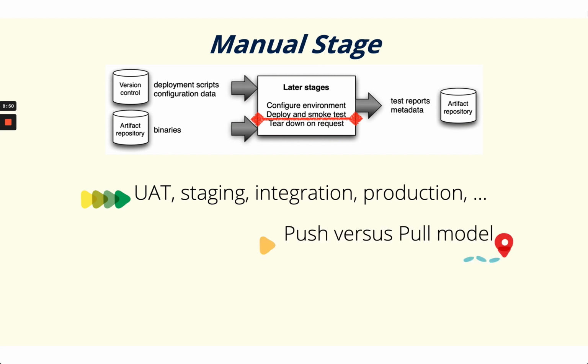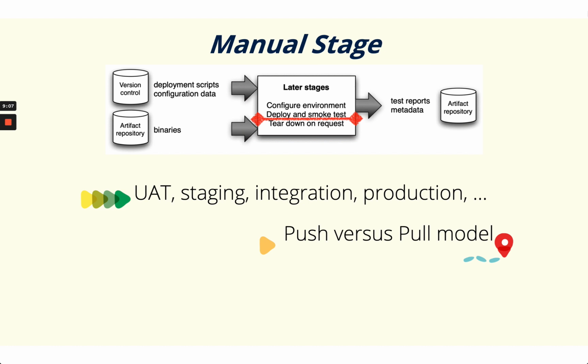And here we need to talk about the push versus pull model for deployment pipelines. So when I was talking about them before, I said that with deployment pipelines, when a particular stage is successful, it automatically promotes to the next stage.